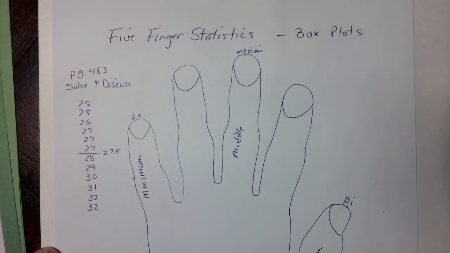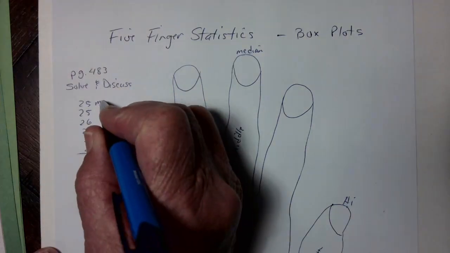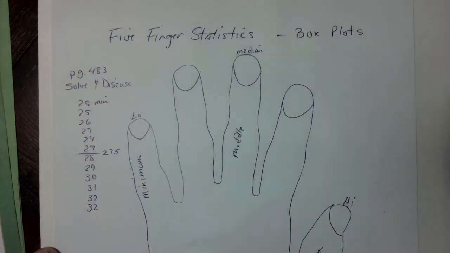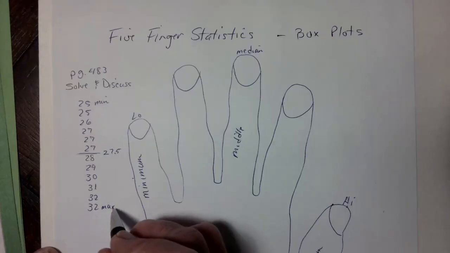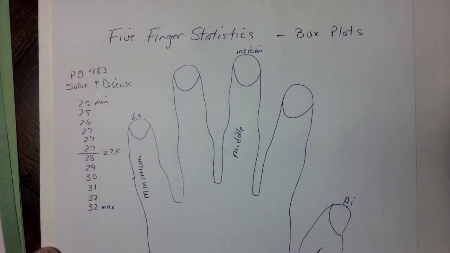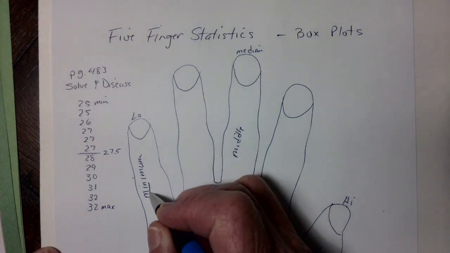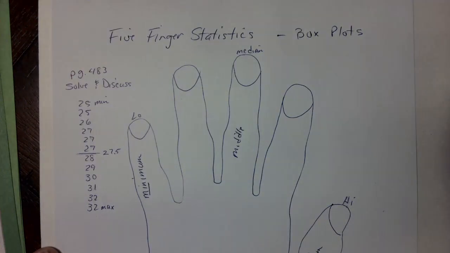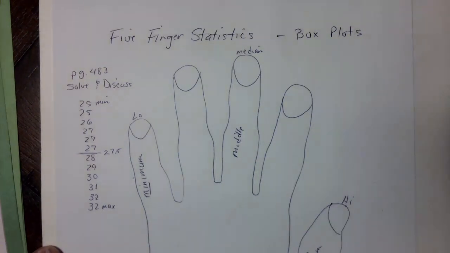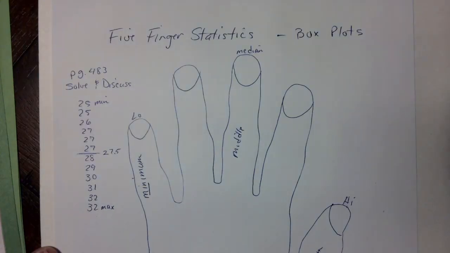Do you see that? And by the way, this is your min, which is your low, and this is your max, which is your high. Short for minimum is min, short for maximum is max. It means the same thing as the low and the high.